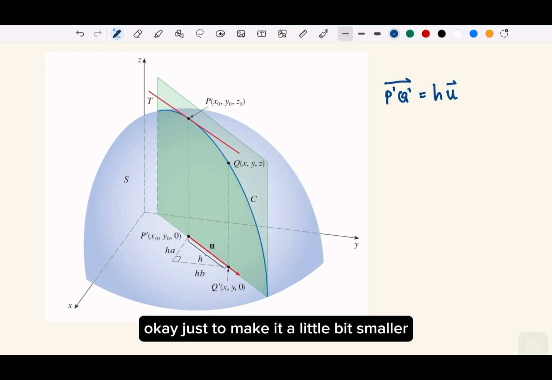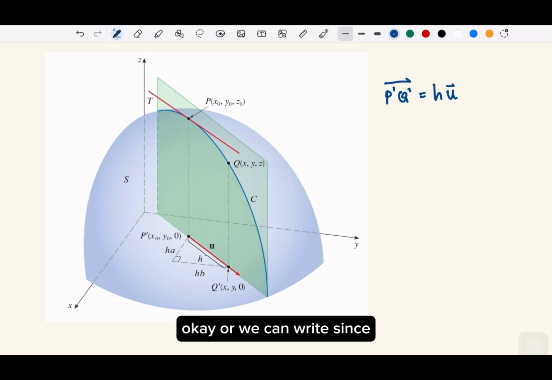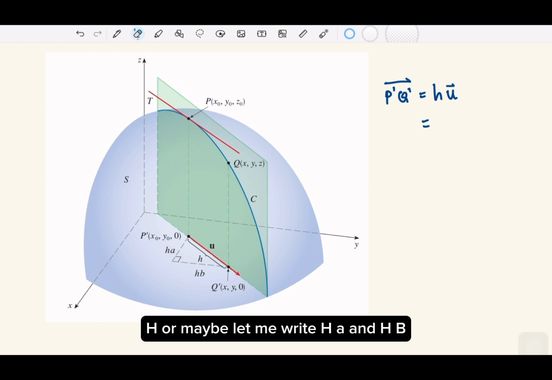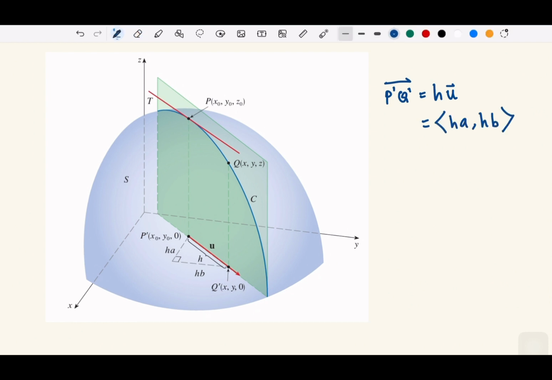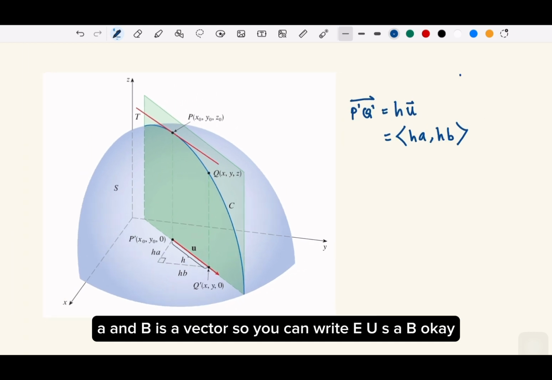Okay, just to maybe make it a little bit smaller. Since the distance is a scalar, we can write h, or maybe let me write h a and h b. A and B are components of a vector, so you can write U as ⟨a, b⟩.